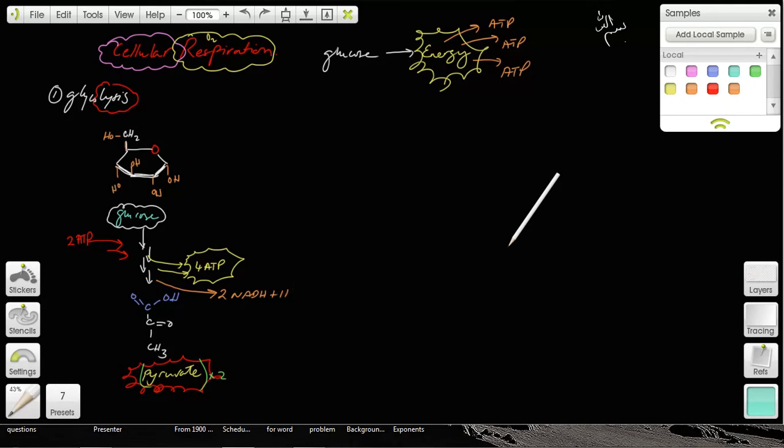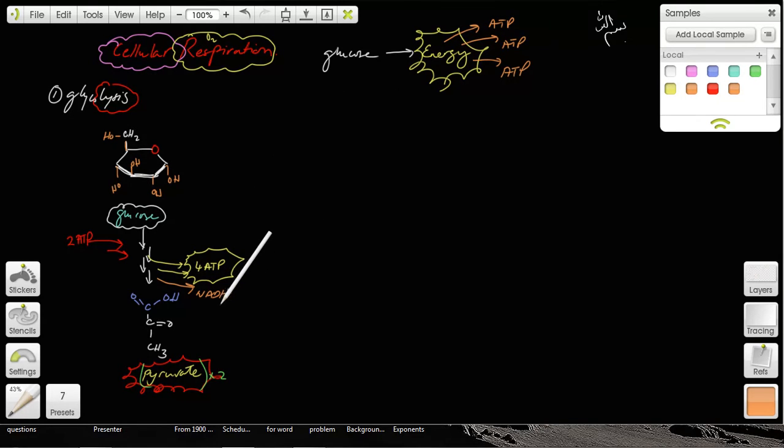What I do want to say is this process also gives us NADH plus H plus. Now, it's carrying 2 electrons, and there are 2 H's over here because they're just kind of tagging along with the electrons. So NADH plus H plus is carrying 2 electrons. Usually you just write it in short form like this.